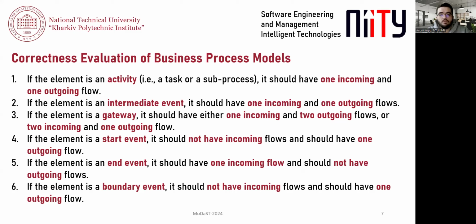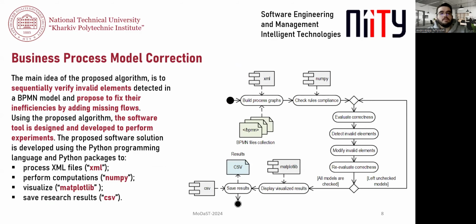And the rule number 6 says if the element is a boundary event, it shouldn't have incoming flows and should have one outgoing flow. Then the main idea of the proposed algorithm is to sequentially verify invalid elements detected in a BPMN model using introduced rules and propose to fix these inefficiencies by adding missing flows.